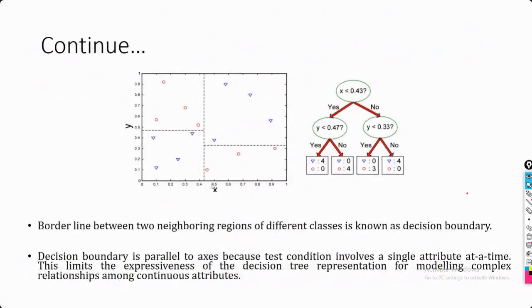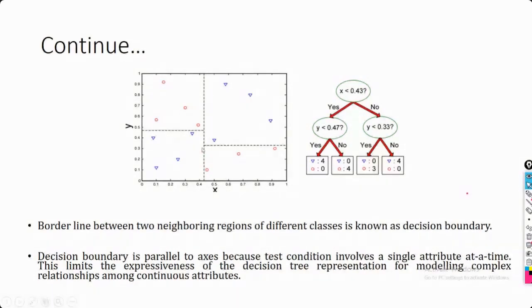Now the next thing is, whenever we are considering continuous values, we are using one division, means we are using just a straight point, and based upon that straight point we are dividing your instances. But if your data set has some kind of interaction between the attributes, this information we are not able to incorporate clearly in a decision tree.